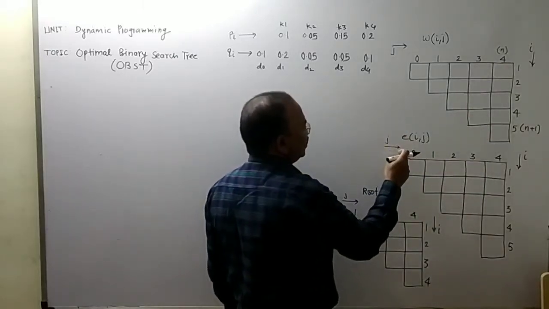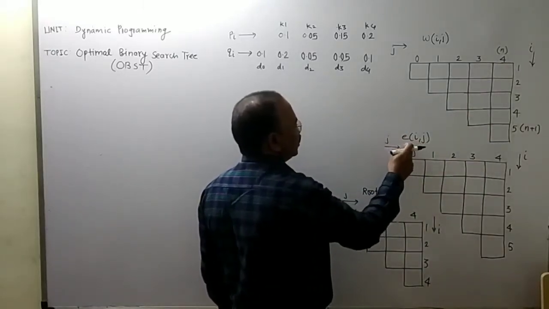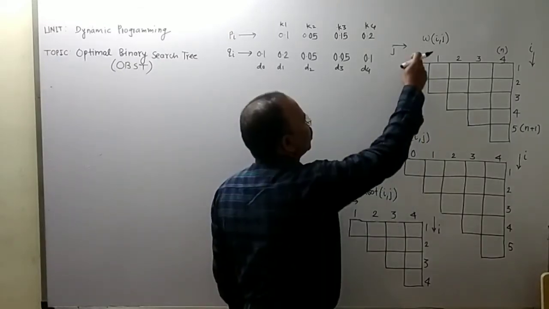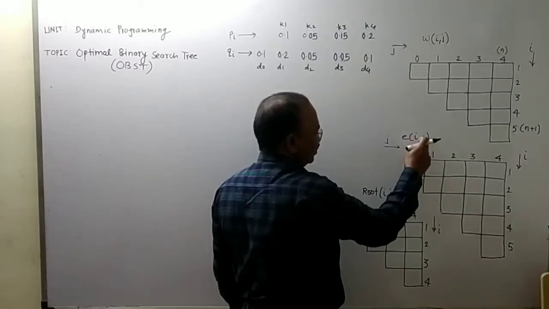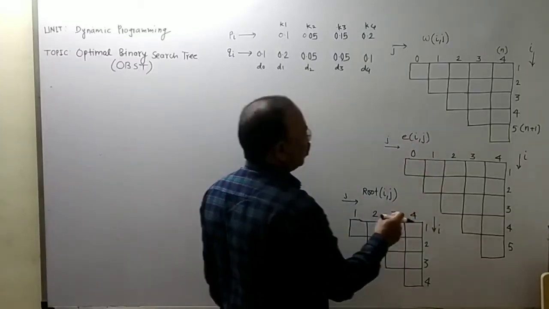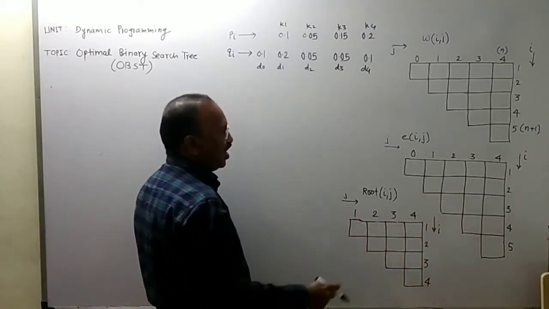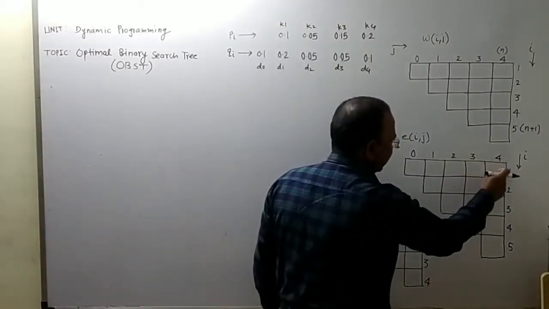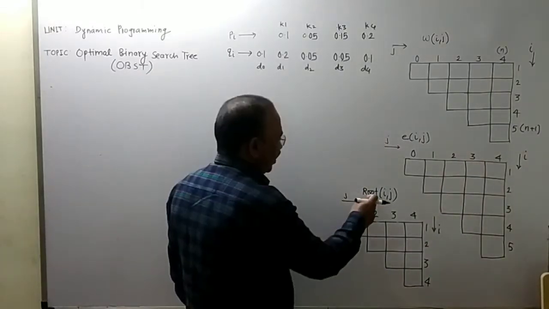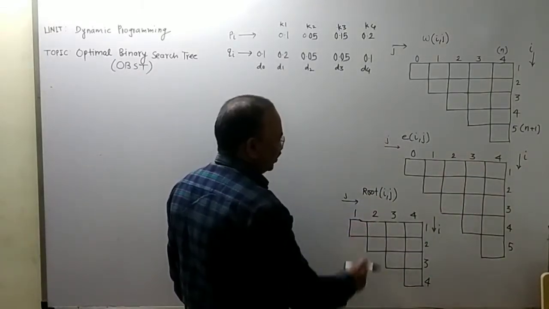Then next table is E table. It is called expected searching cost. Now here the structure of W table and E table are the same. In E table we get the expected searching cost of the OBST, and this cell gives us the expected searching cost of the OBST. And the last table is the root table.